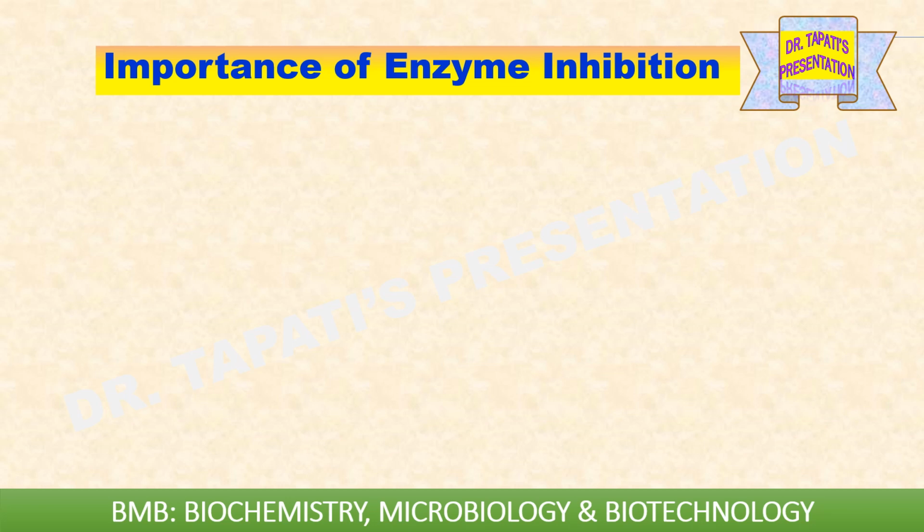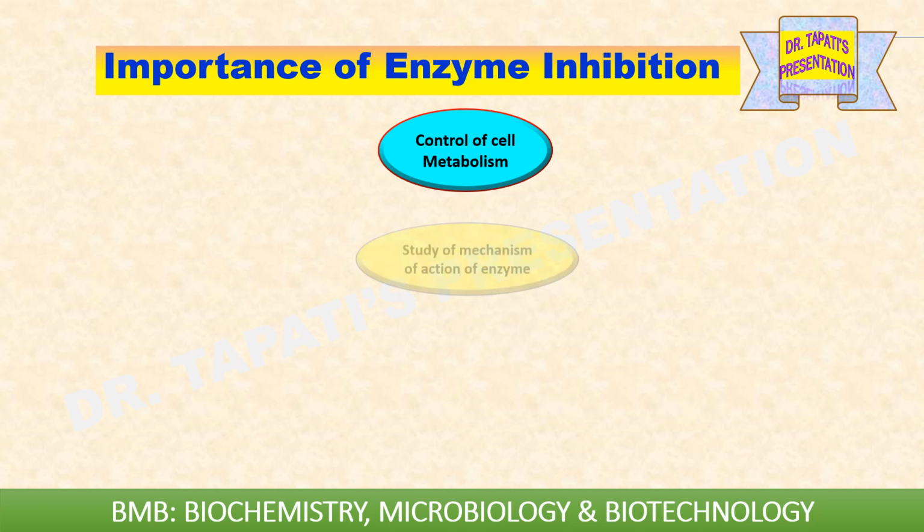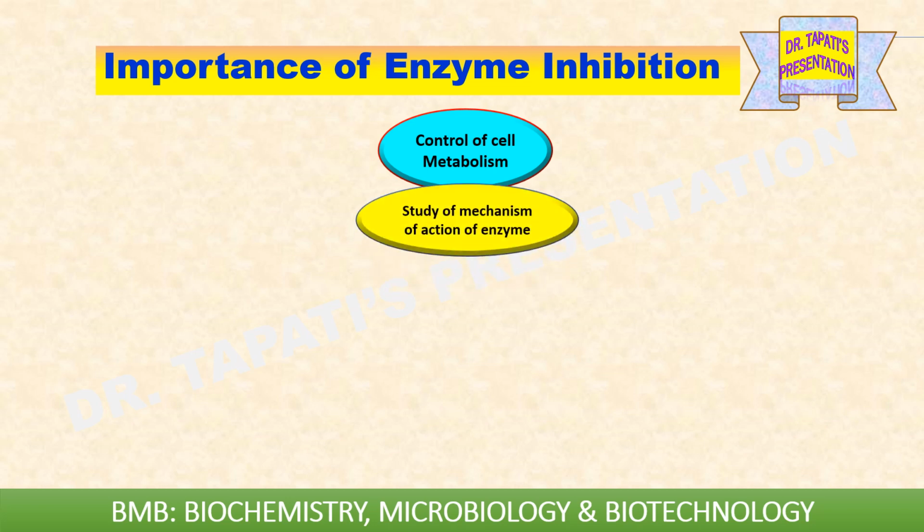This is accomplished by enzyme inhibition. Metabolites regulate enzyme activity by allosteric regulation or substrate inhibition. Enzyme inhibition can provide insight into the mechanism of enzyme activity, for example, by identifying residues critical for catalysis or identifying the active site of the enzyme.